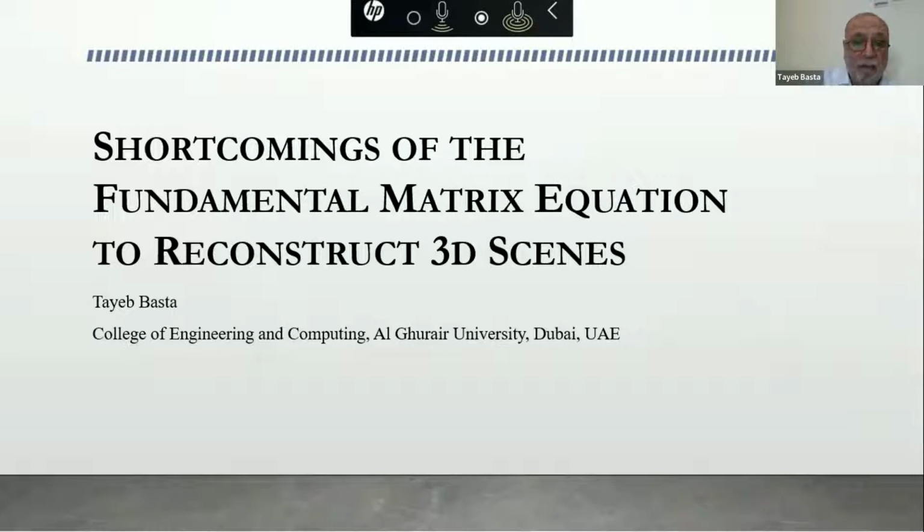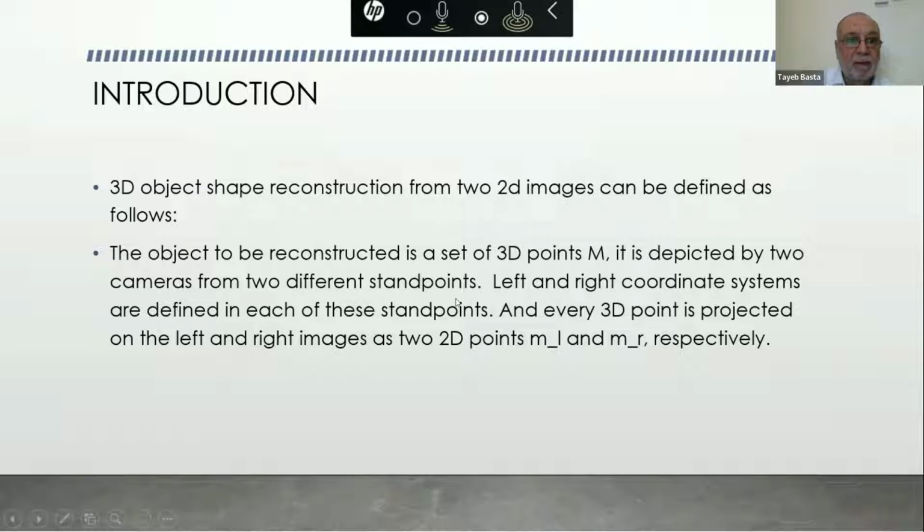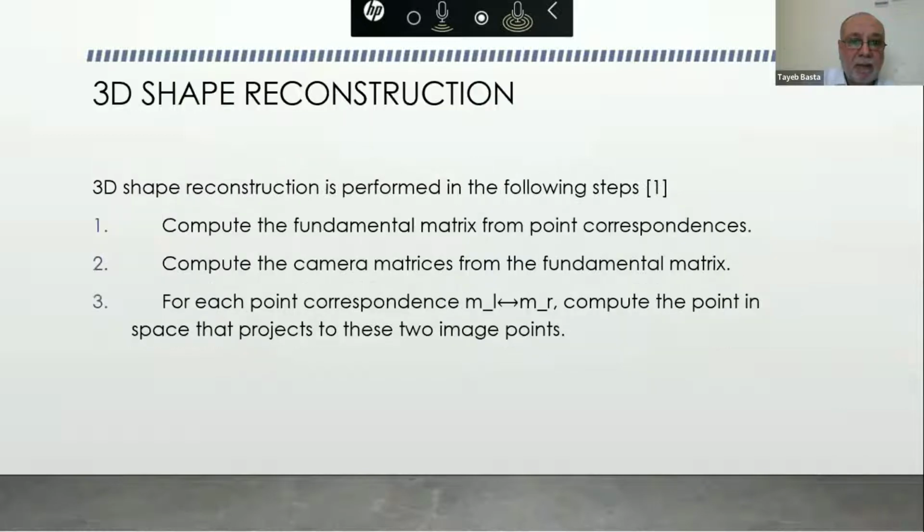Computer vision researchers see this as a milestone in the computer vision discipline, and it starts when Longuet-Higgins introduces the theory of, at that time he called it the essential matrix, to the computer vision community.